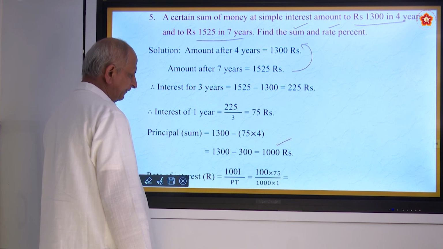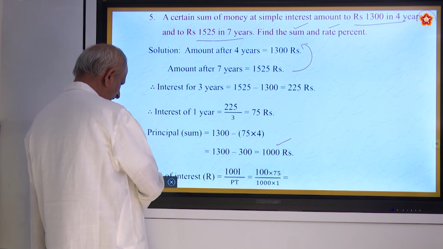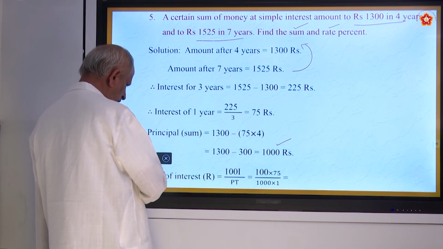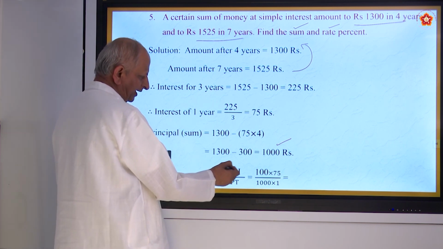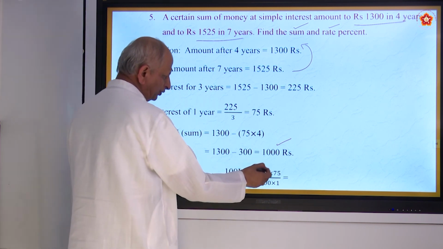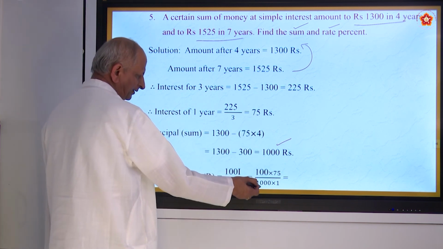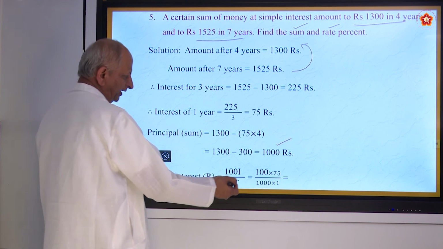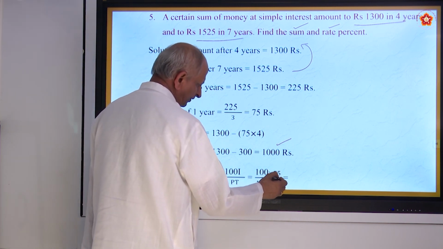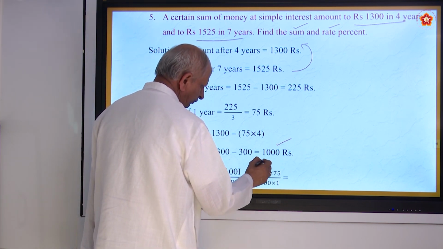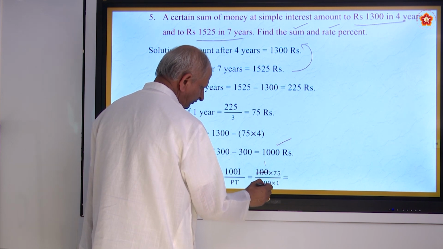You must find out rate of interest. So rate of interest is equal to R, 100I by PT. 100 into I. I how much? 75. Into P, 1000. T, 1 year. So if you simplify this, 1 times, 10 times.